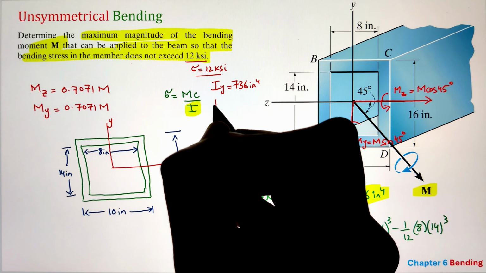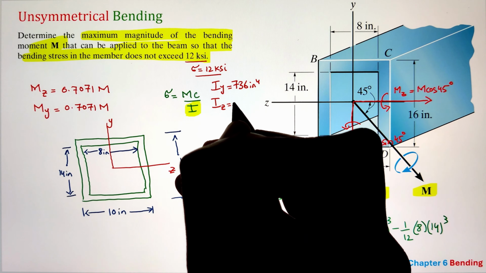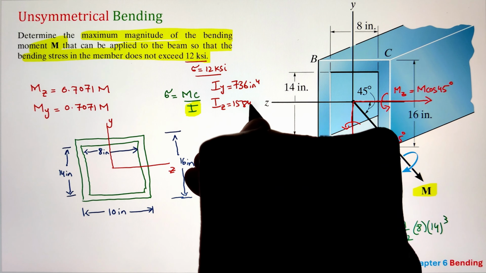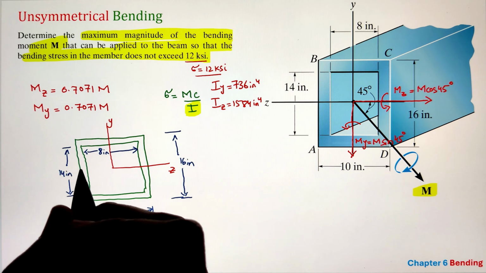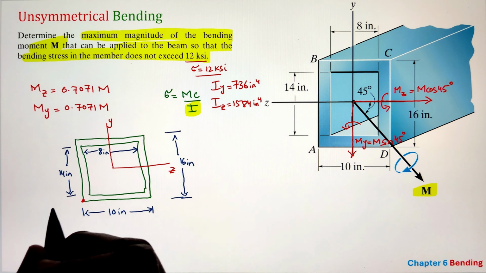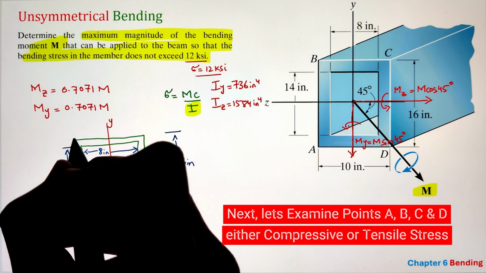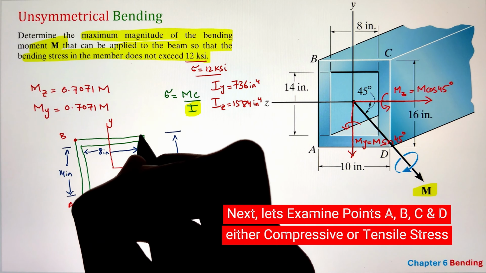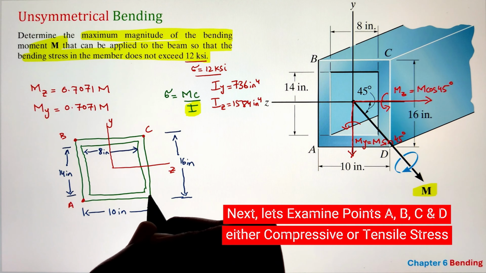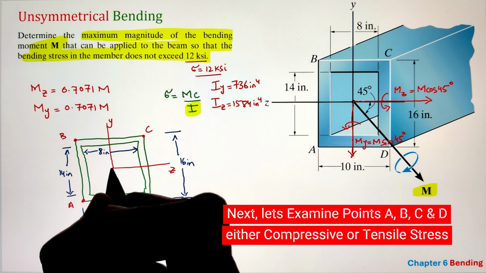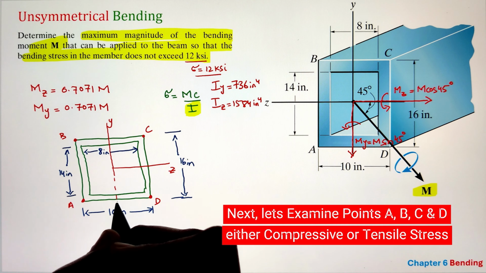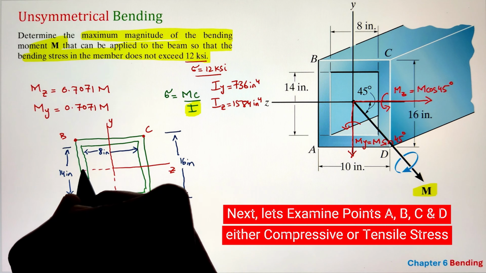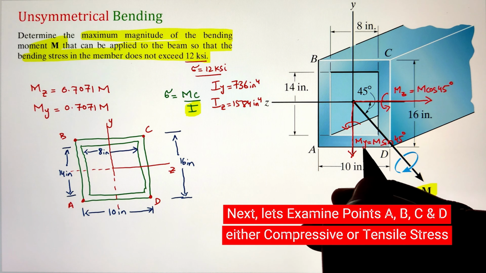Now, once we have the I value, let's go ahead and look at the cross section and try to identify at which one of these points A, B, C, and D we will be experiencing the maximum value of stress. Now, keep in mind we have My and Mz. We have to keep in account both of their effects.